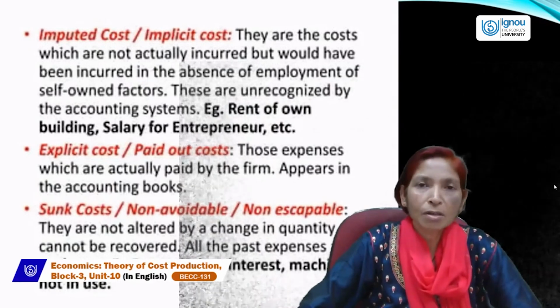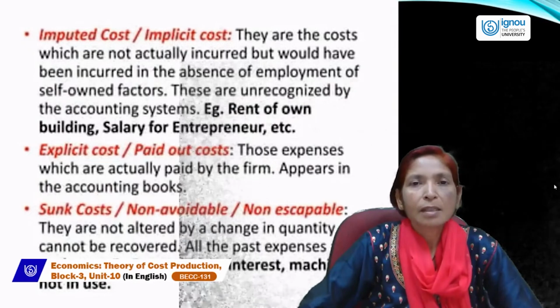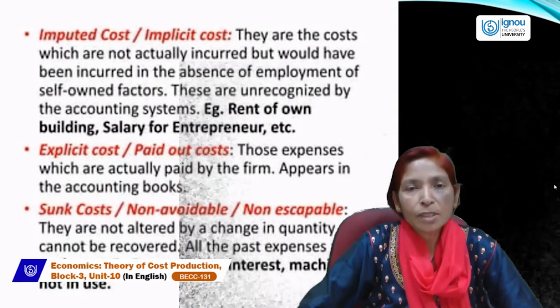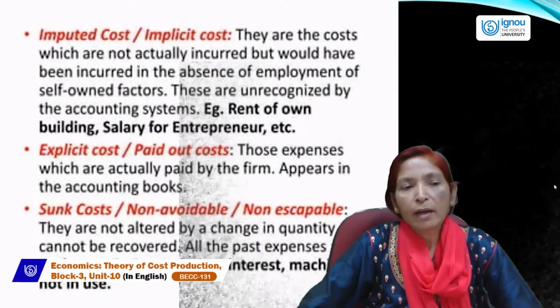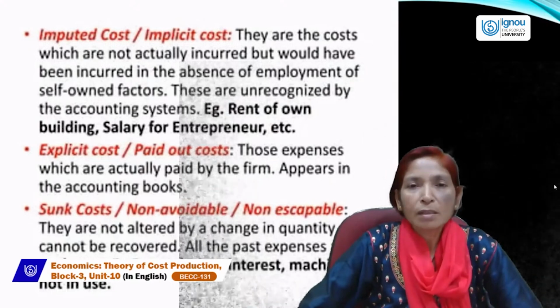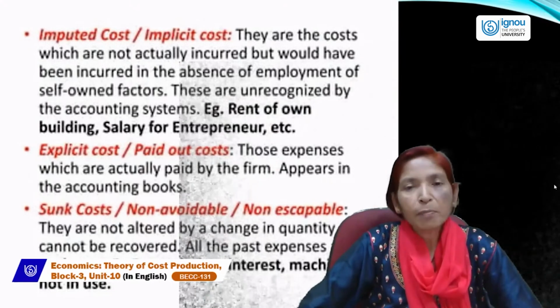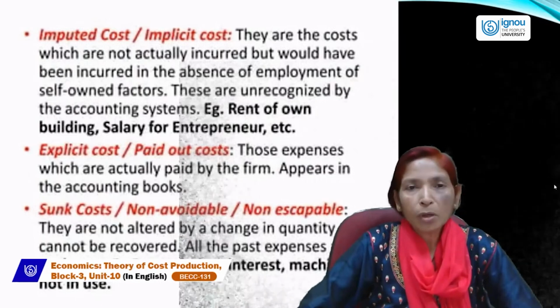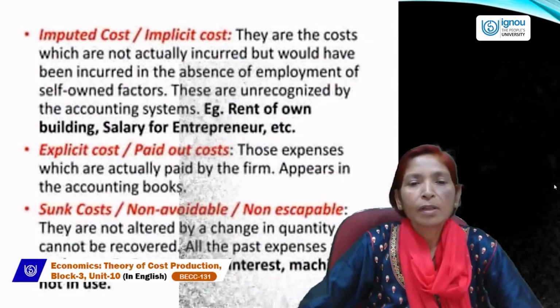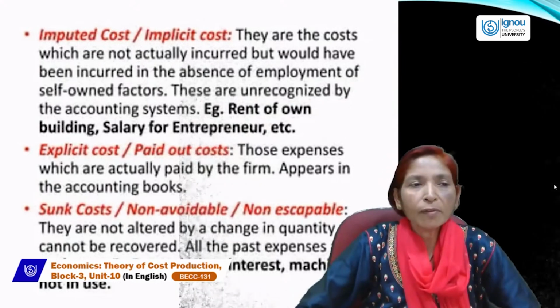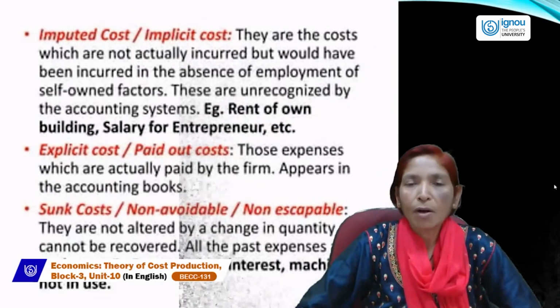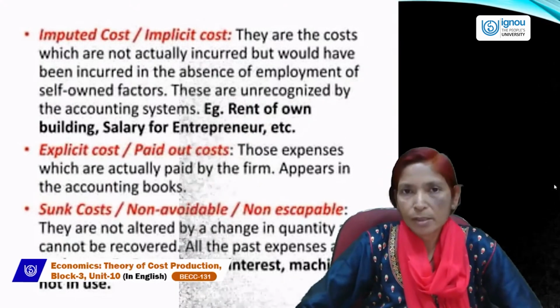Generally, implicit cost is considered as self-owned resources cost. These are unrecognized by the accounting system. For example, rent of own building, salary for entrepreneur, etc. are the examples of imputed cost or implicit cost.